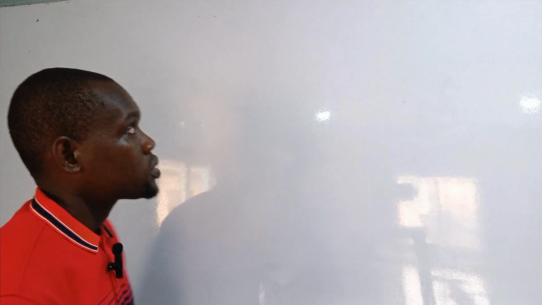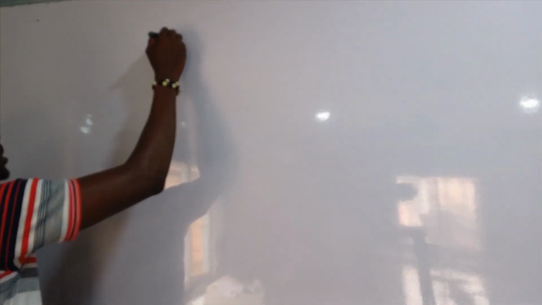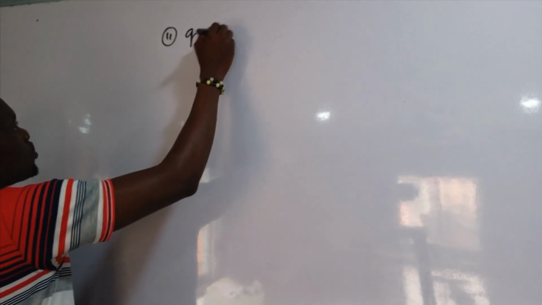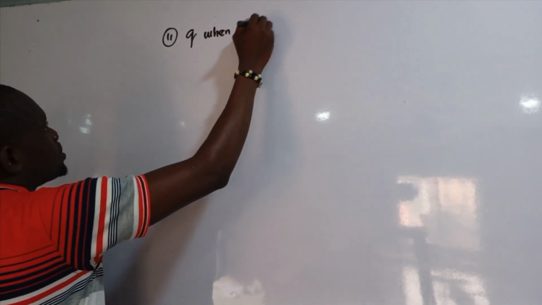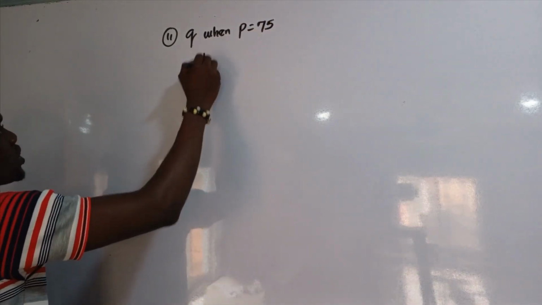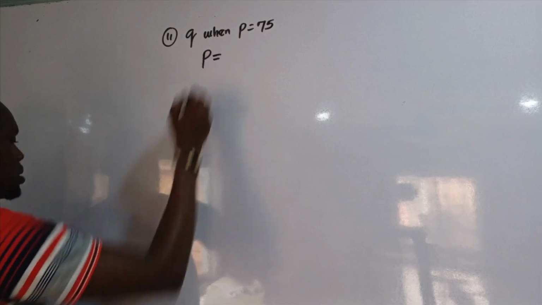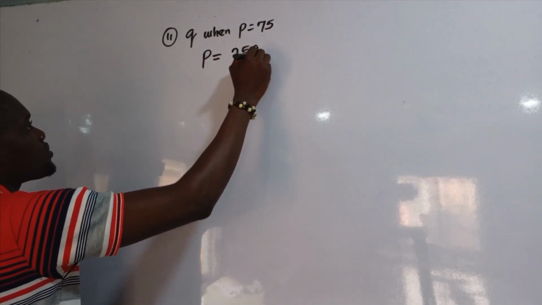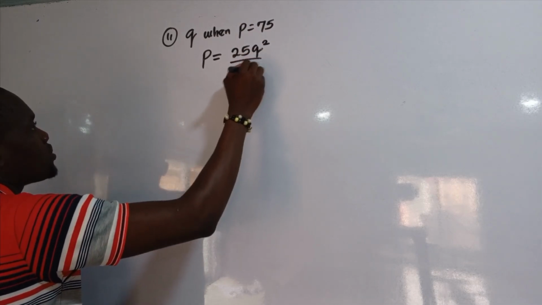All right. Let us look at the second question. We're asked to find Q when P is equal to 75. And from our relationship, we have P equal to 25 Q squared over 16.